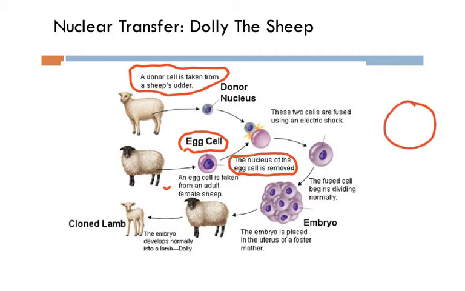Now we have put in another cell's nucleus, so the nucleus from this cell is now inside this egg cell. And as soon as the cell begins dividing normally, we get a ball of cells.